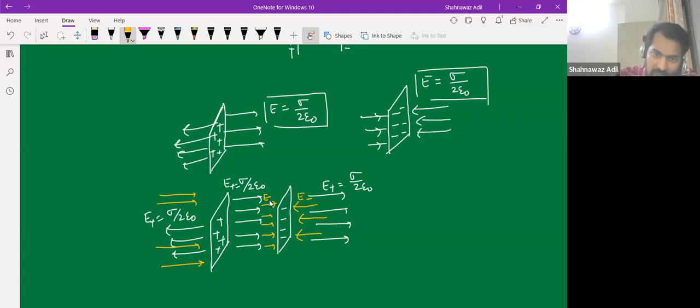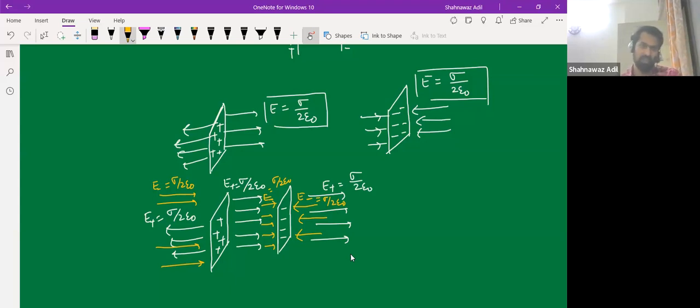This is the contribution for E negative, sigma by 2 epsilon. This is again sigma by 2 epsilon, and this is again sigma by 2 epsilon. These yellow ones are the contribution for the negative plate because all these electric fields are coming towards this plate. For the positive plate, all these arrows are going away from this plate. Is this part clear?